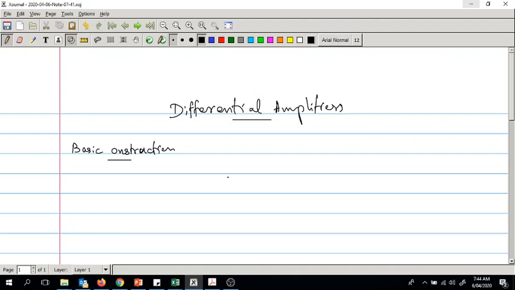Basic construction. Now actually we have a differential pair. If you can remember, when we were talking about the op-amp construction, we talked about this differential pair, right?